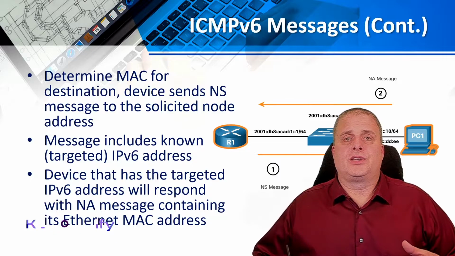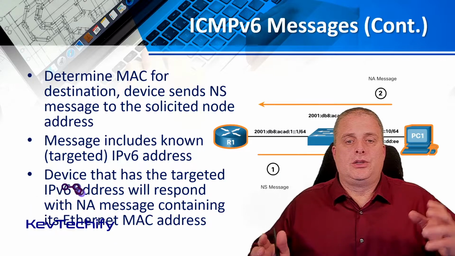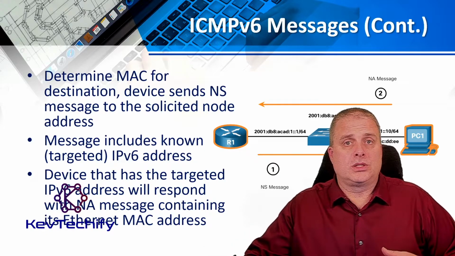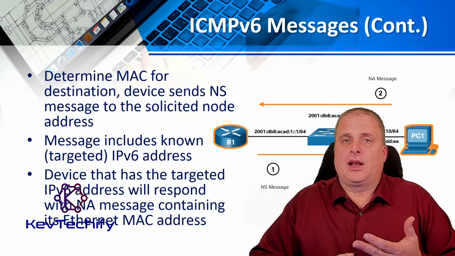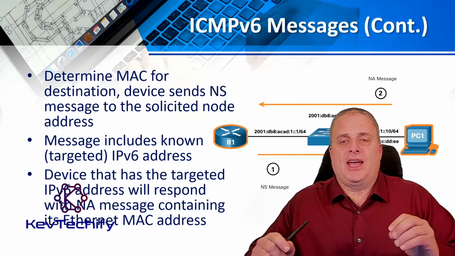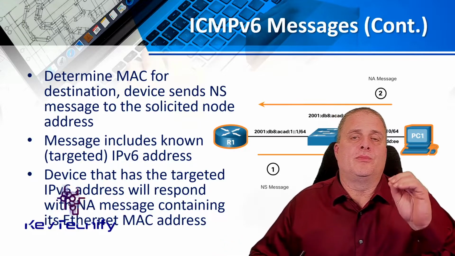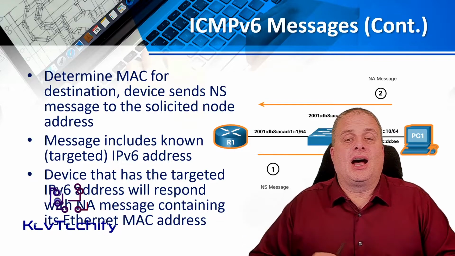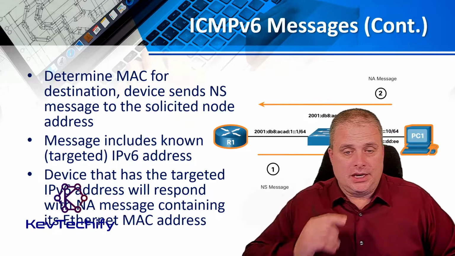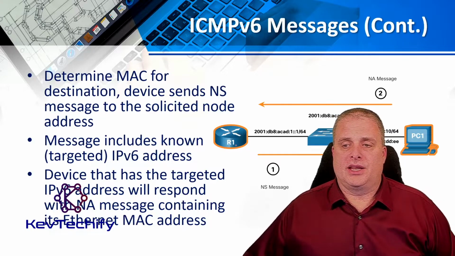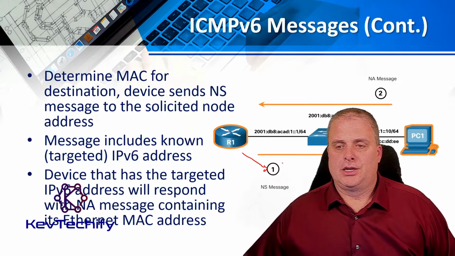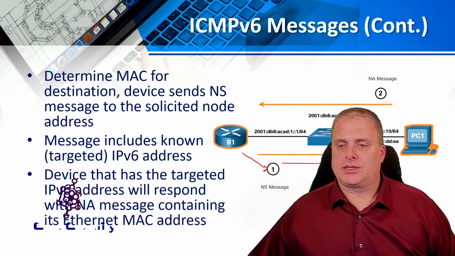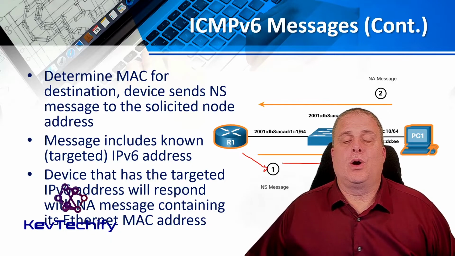In order for a device to send a message to a destination host, we don't use IP addresses, not IP version 4, not IP version 6. It uses a MAC address to go from device to device, from network interface to network interface on our network. So what happens here is R1 needs to send a message to PC1. R1 sends a neighbor solicitation message to the IP version 6 address it knows.